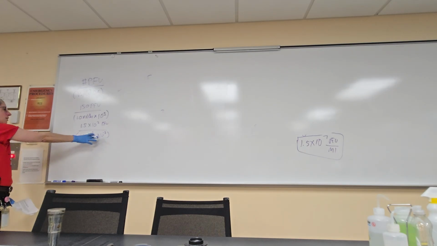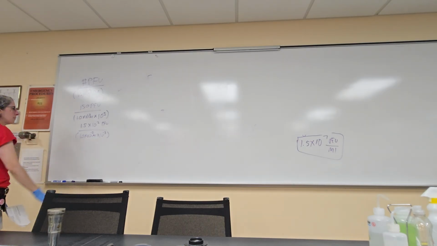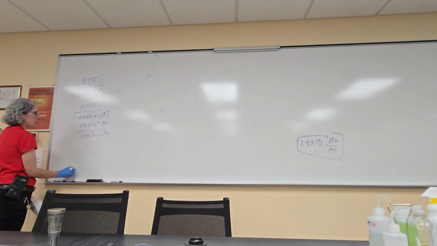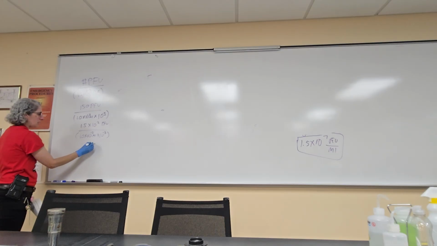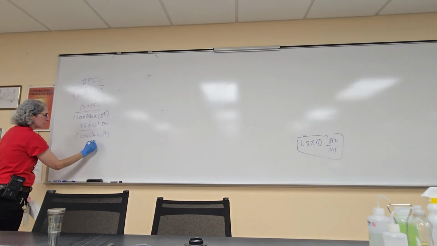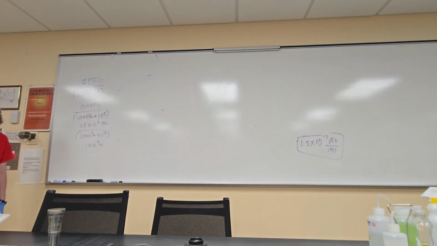Okay, so we always start here at the bottom to simplify. So we have 1, which is basically multiplied by 1, so we'll keep that the same as 1 times 10, and then we're going to add our exponents, so minus 2 plus a minus 3 is going to give us minus 5 mils for our volume, okay?